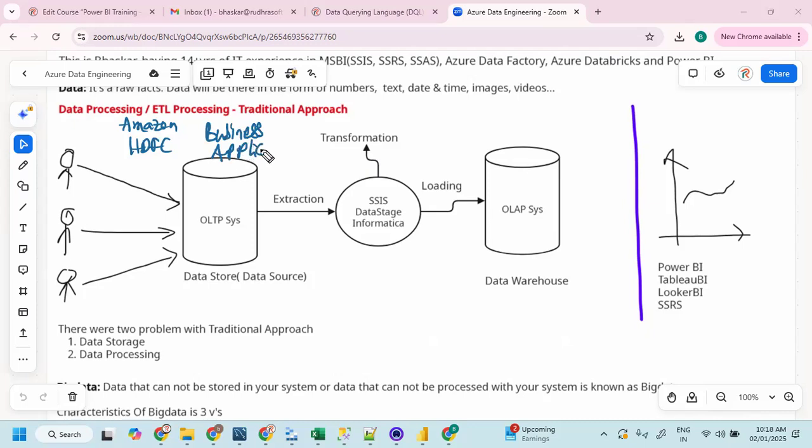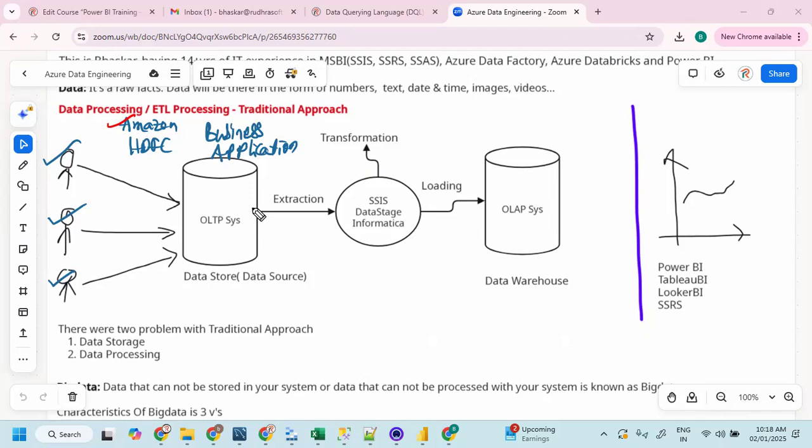That application is responsible to get the data from the customers. So just imagine I'm the customer for one of the businesses, you're the customer for one of the businesses, and someone else is a customer for the businesses. So if I take the example of Amazon, they're getting the transaction data, day-to-day transactions data from the business. And they're going to store the data in the systems.